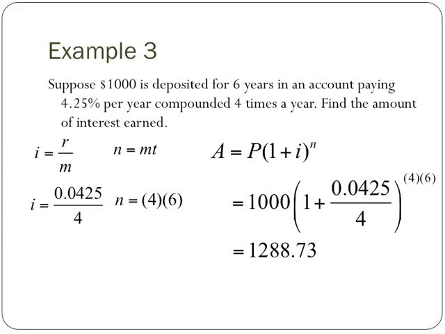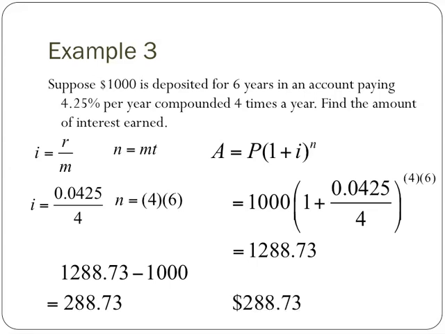So the amount of interest earned is this number that we just found minus the initial amount that we had invested, which is $1,000. So that minus 1,000 gives us 288.73. So in total, the amount of interest earned is $288.73.